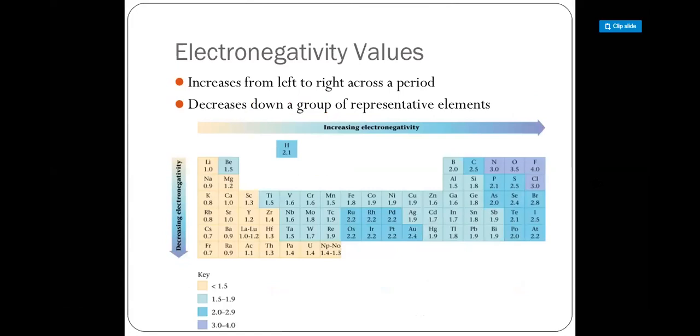So these are the electronegativity values of different elements. So hydrogen, you can see, is around 2.1, and then carbon, nitrogen, oxygen, fluorine. Fluorine has the highest electronegativity value.